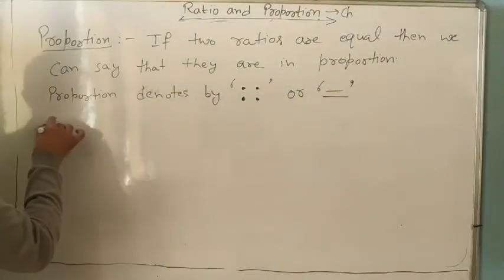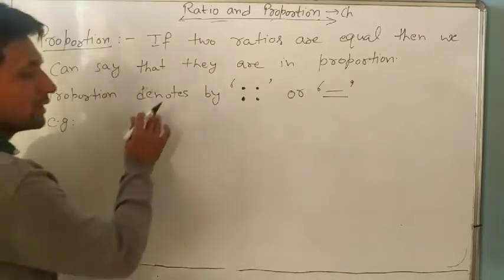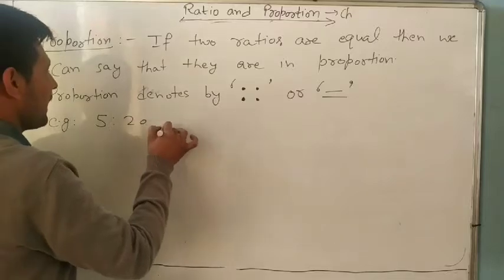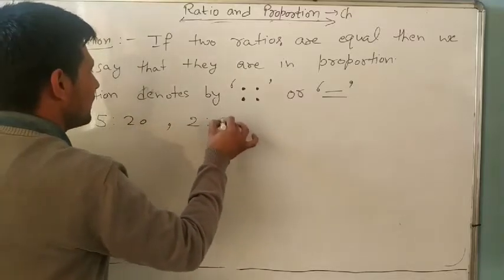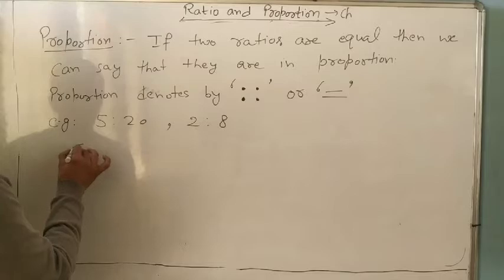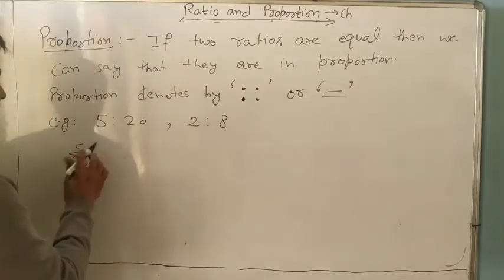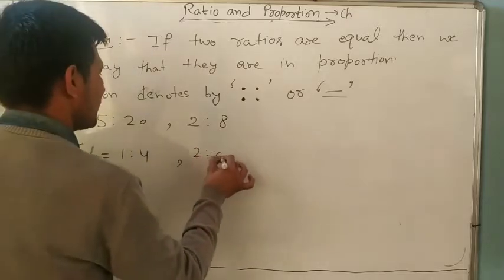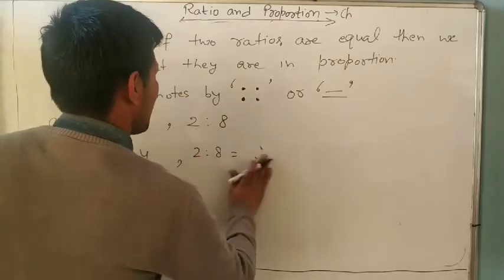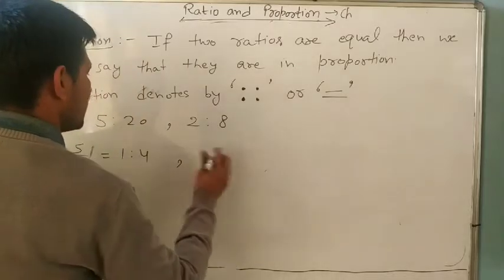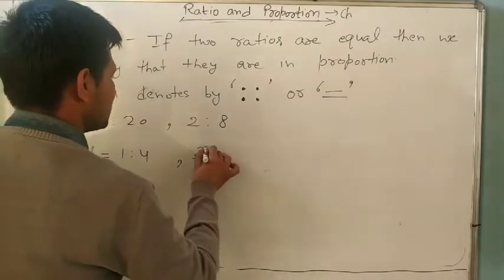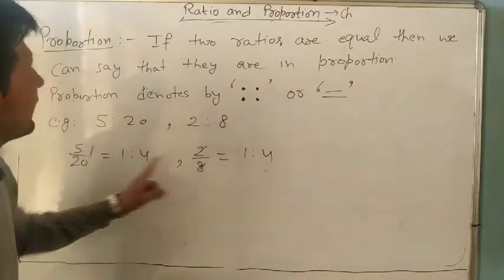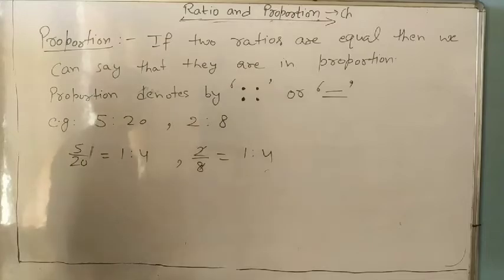Example, same as the last example: 5:20 and 2:8. Everyone knows 5:20 is 1:4, and 2:8, that is 2 upon 8, is also 1:4. So both ratios are equal, and we can say that they are in proportion.